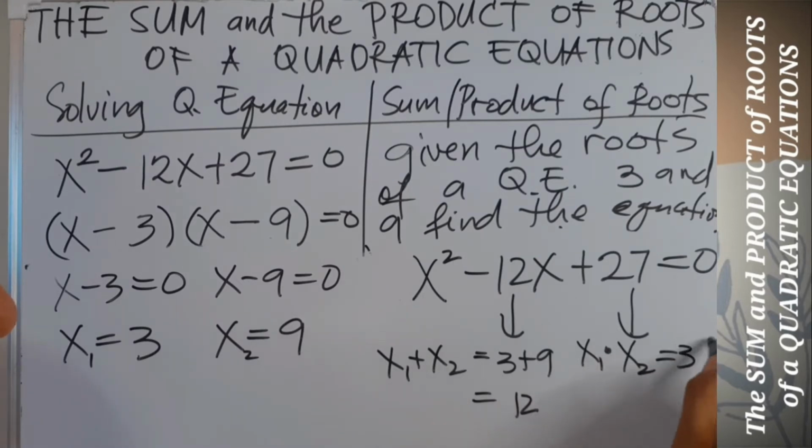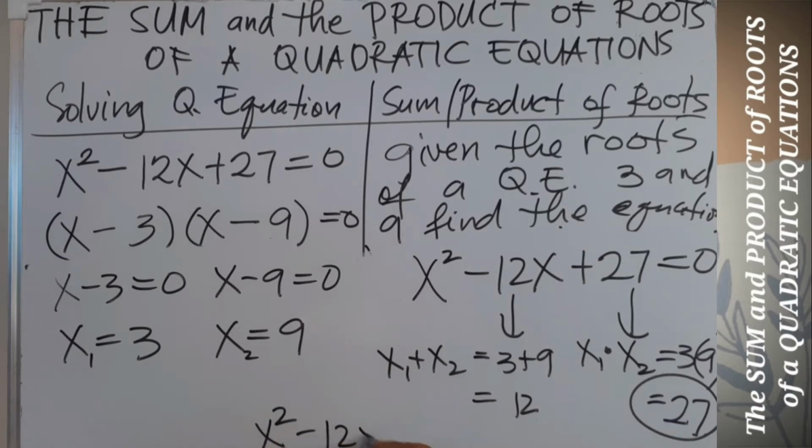We have 3 times 9 equals 27. Now, the very obvious, you substitute x squared minus 12x plus 27 equals 0. Not multiplying like what we did before.